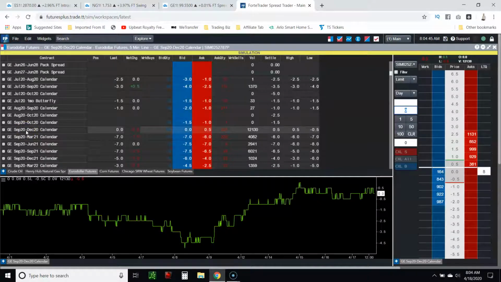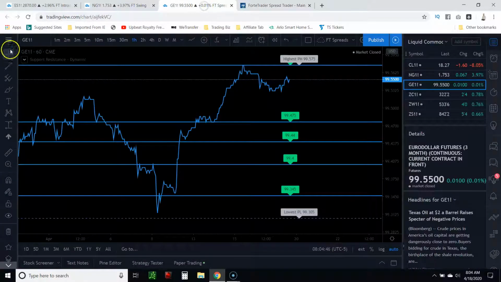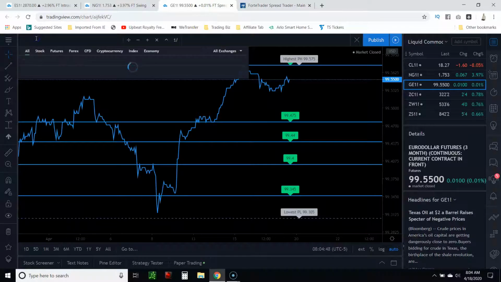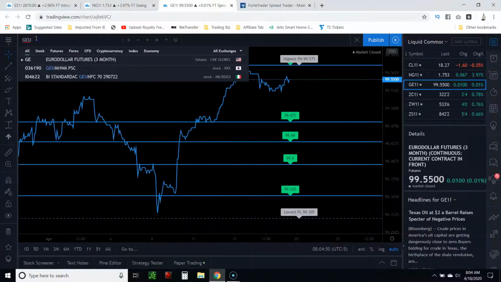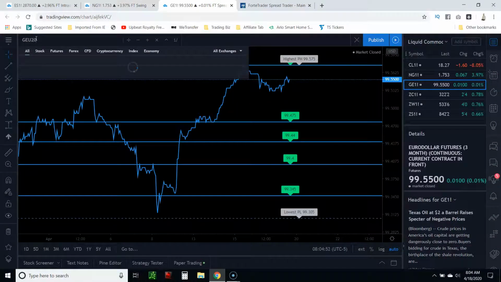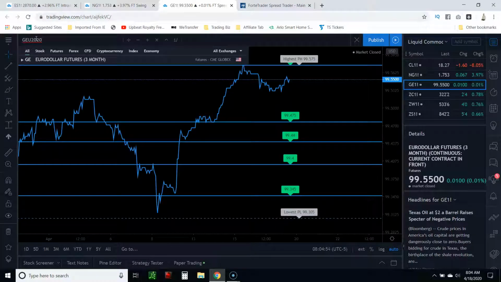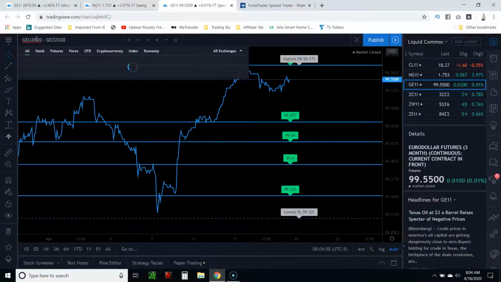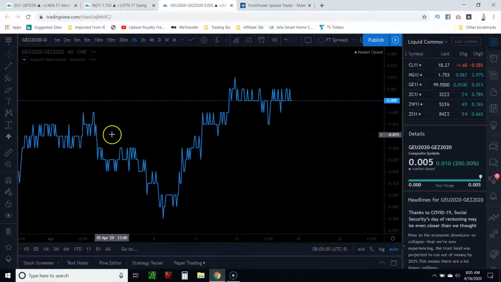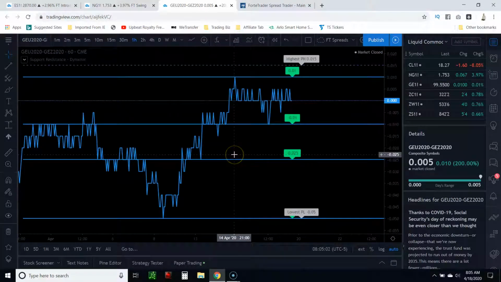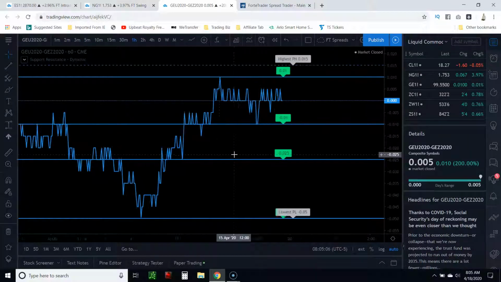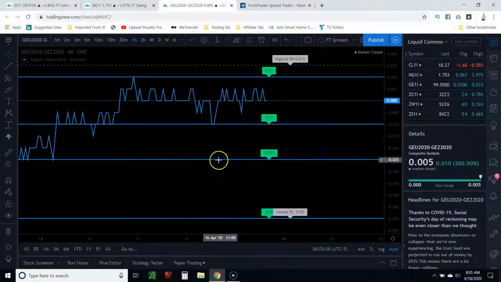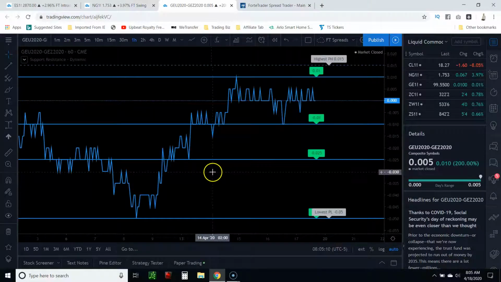September is going to be U, so we'll go GEU 2020 minus GEZ 2020. And that's going to create our September, December Eurodollar spread.